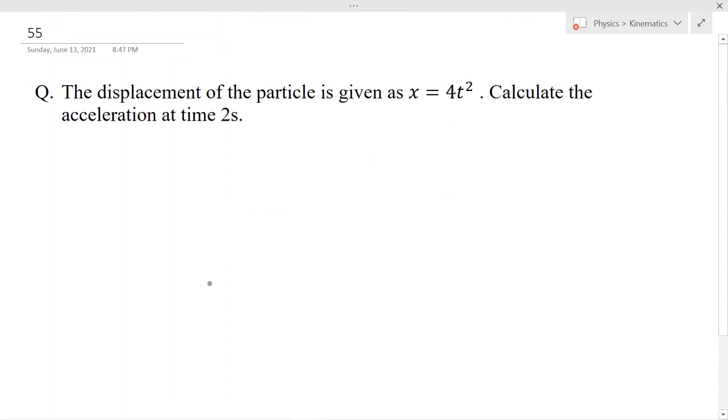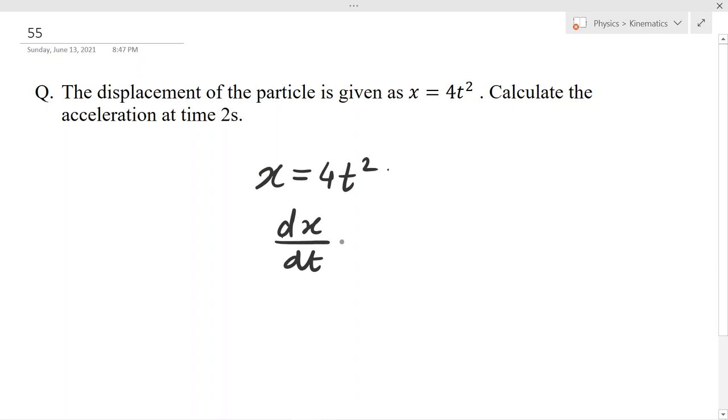The displacement of the particle is given as x equal to 4t square, where t is time. Calculate the acceleration at time t equal to 2 seconds. Now x is given to be 4t square. To know its velocity, I can take a differentiation with respect to t.